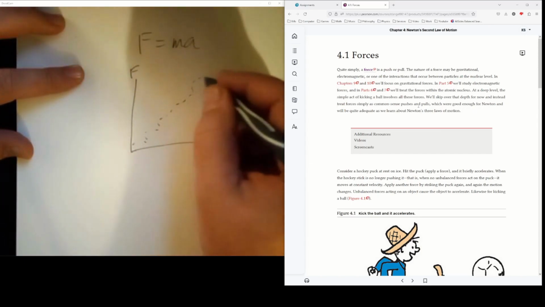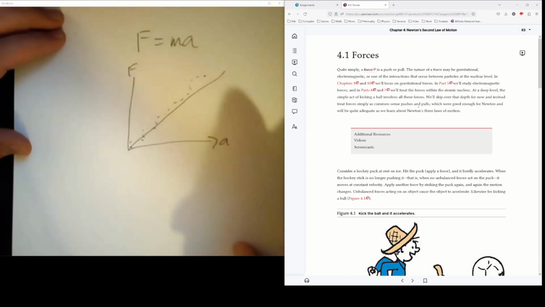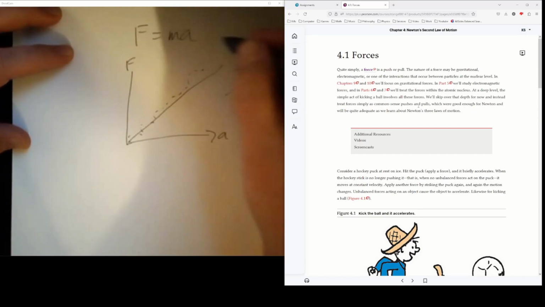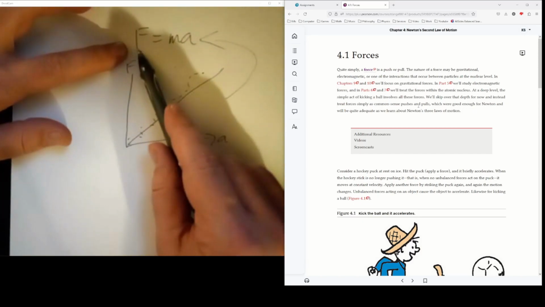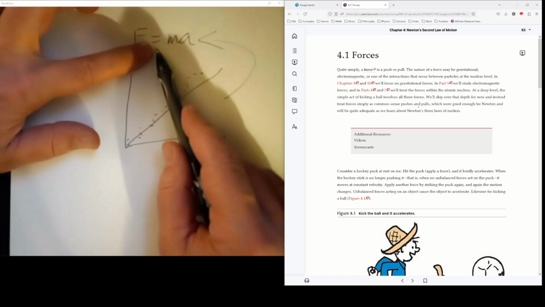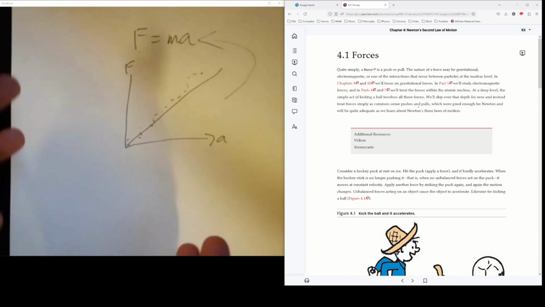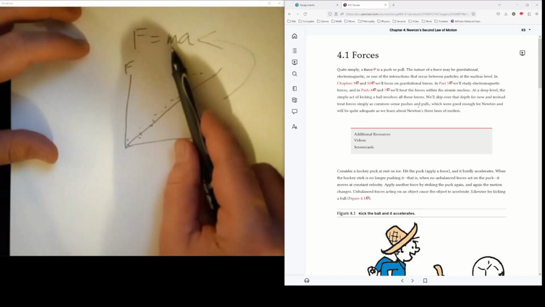I'm just kind of imagining what it looked like, and then you could see it had a linear relationship, which supported this result. And so the force you apply on an object will equal the mass of that object times the acceleration it will then have. And then mass here is inertial mass.